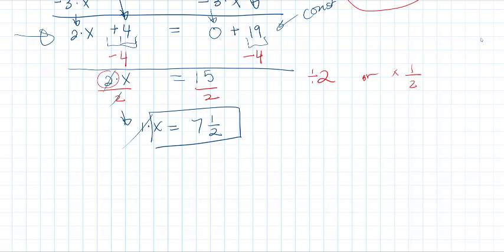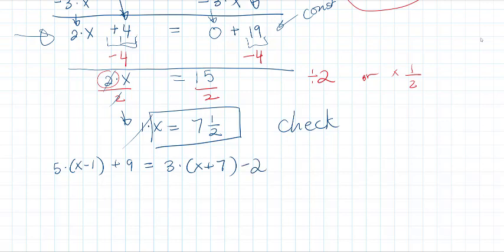And of course, we will need to check the result. Let's check this result by substitution. Let's go back and write down the equation. Our equation was 5 times x minus 1 plus 9 equals 3 times x plus 7 minus 2. Okay, let's substitute.